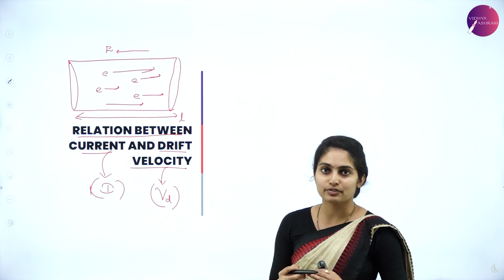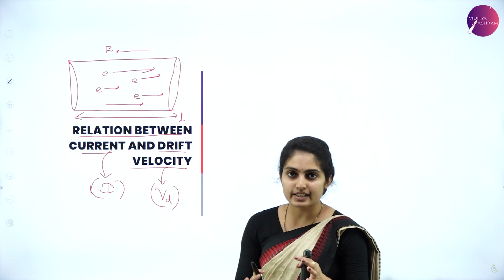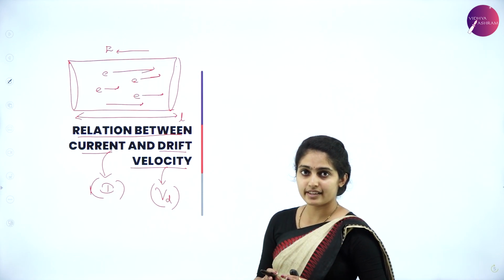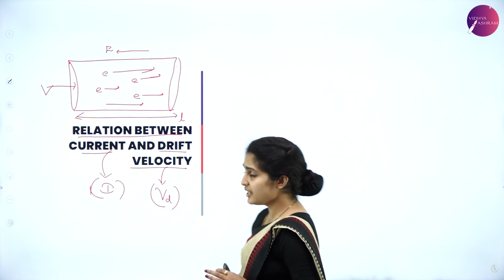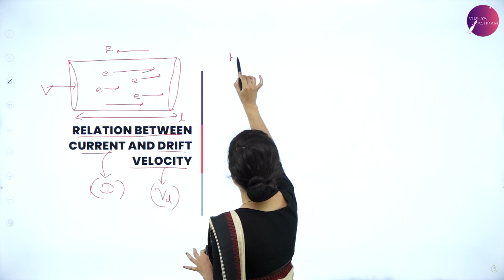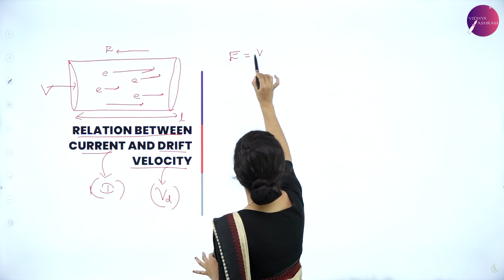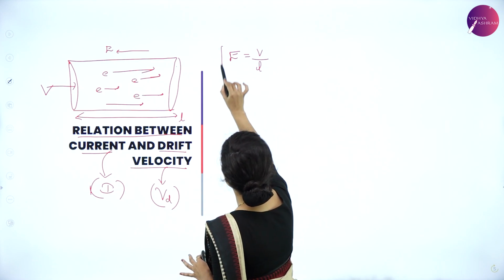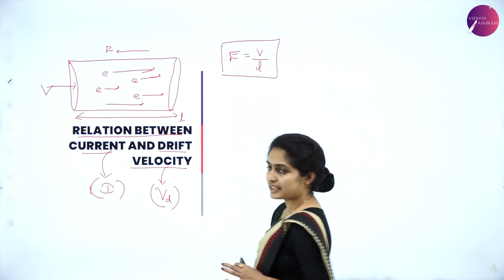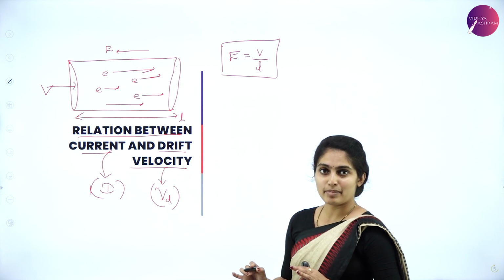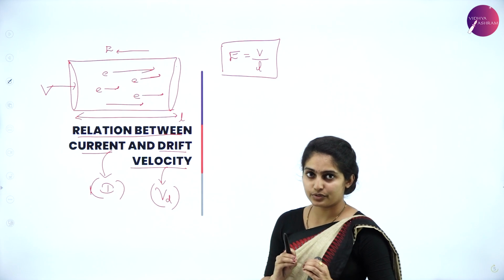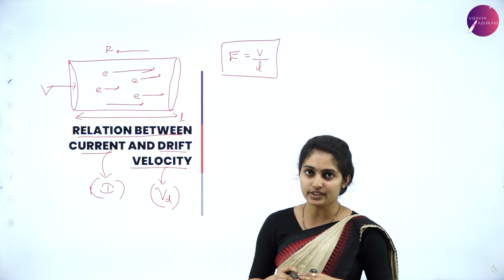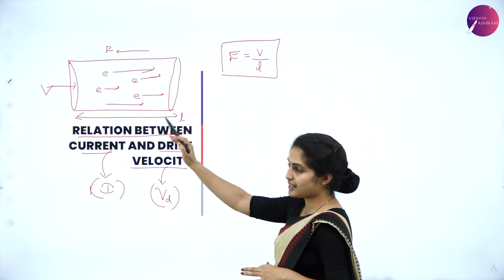We start with a conductor of certain length L, through which a potential is passing. The electric field is given by V by L, the potential with respect to its dimension. E is equal to V by L. This is the equation we considered for the presence of electric current with respect to potential as well as its dimension.